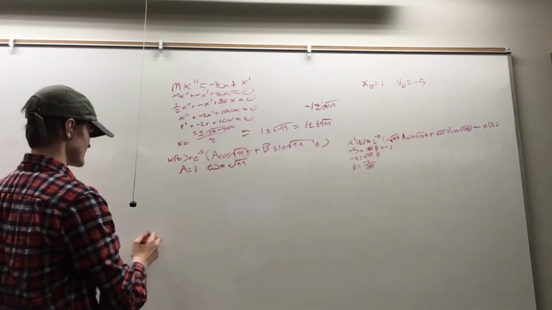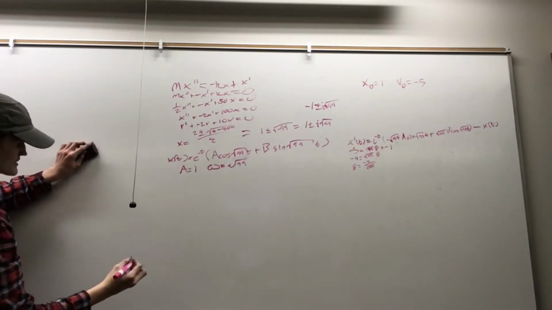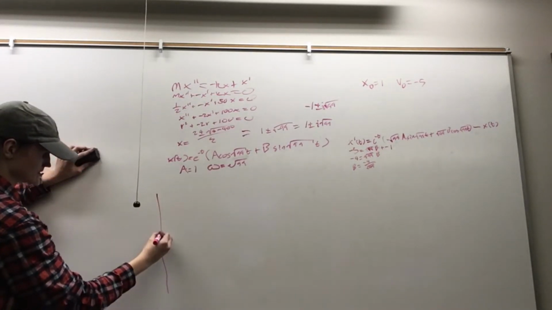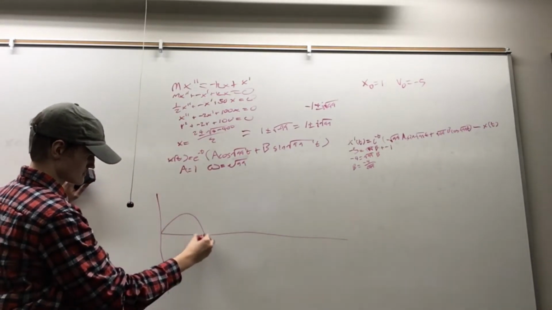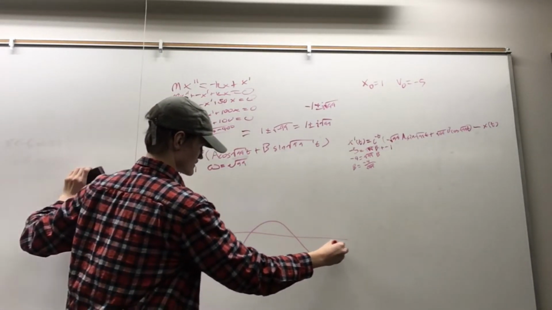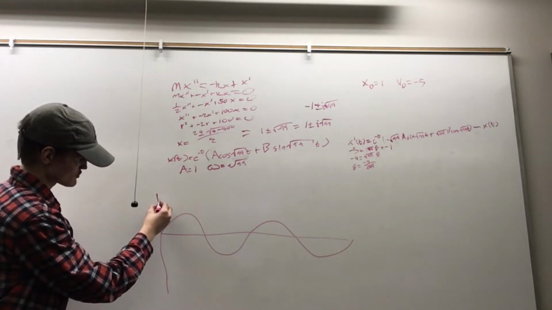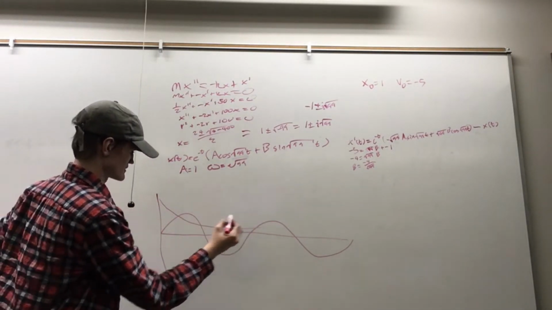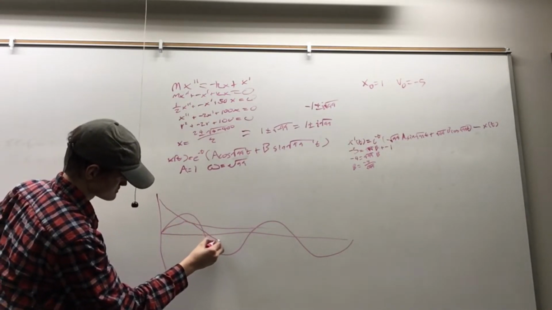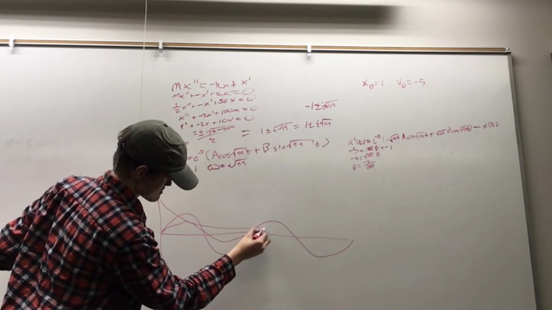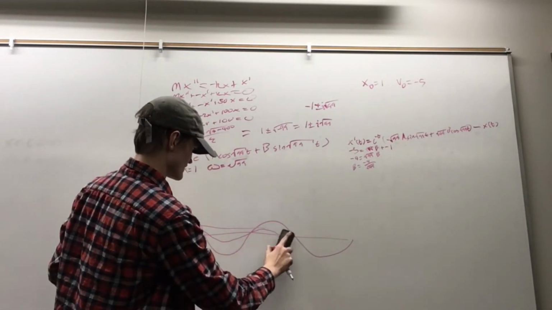So what ends up happening is we have, I'll draw it here, one function, right? And then we have this squeezing. What that looks like is, so I'll try to be accurate.